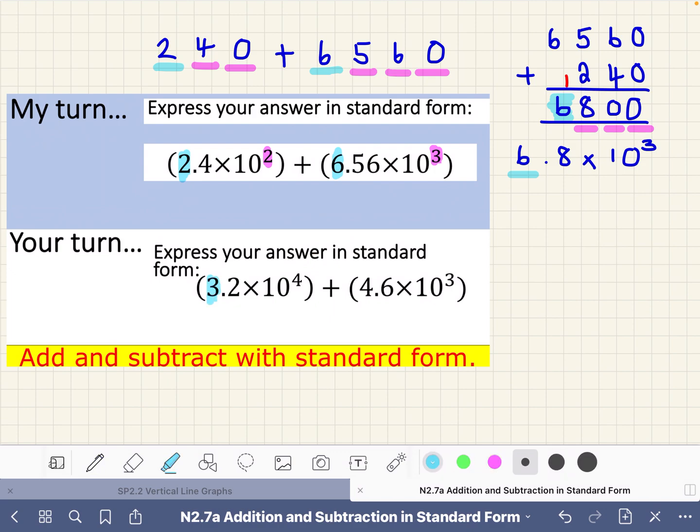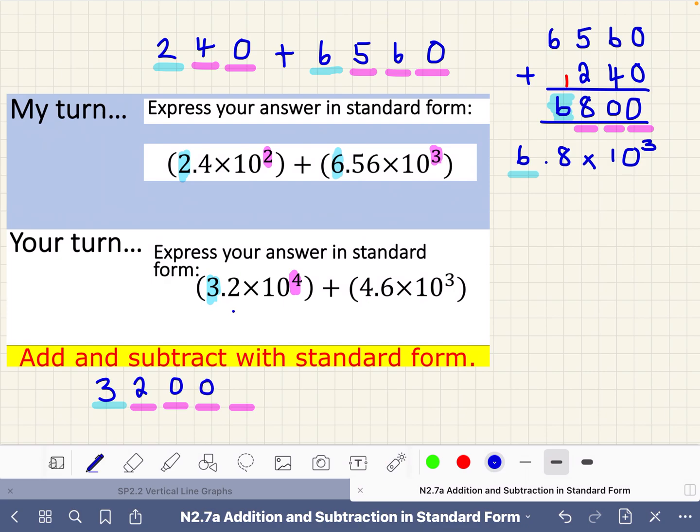We will start off with the first number there, which will be 3. The power of 4 tells us there are 4 spaces after the first number, so 1, 2, 3, 4. One of those spaces is filled with the 2, and the remaining spaces are filled with zeros.